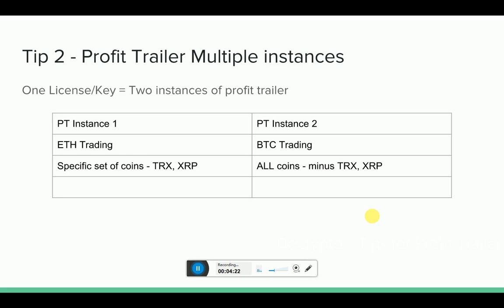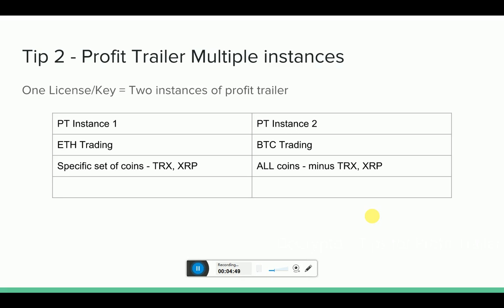So how you could do that is you need to run two instances of the Profit Trailer application on your server or Raspberry Pi, wherever you want to run it. Just make sure that the two instances run on two separate ports of the same server. You could also have two separate servers altogether.